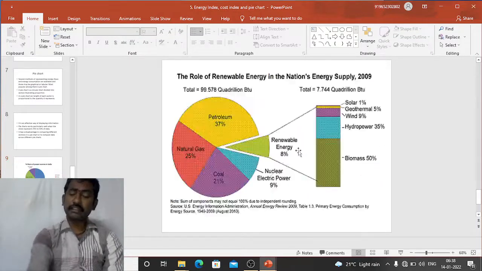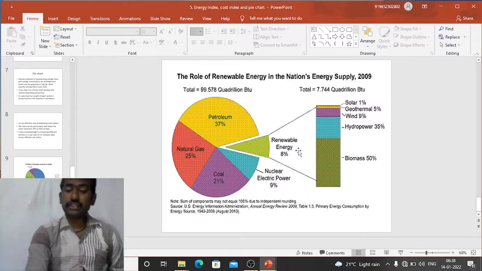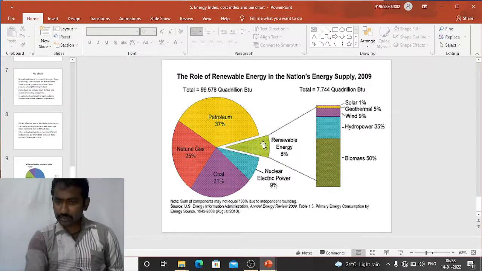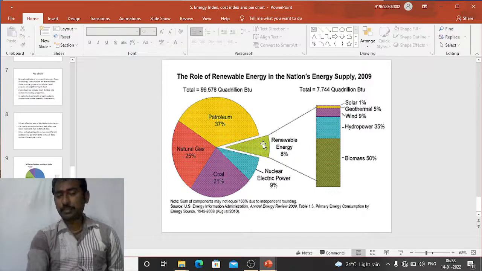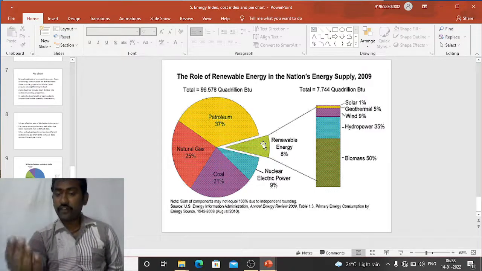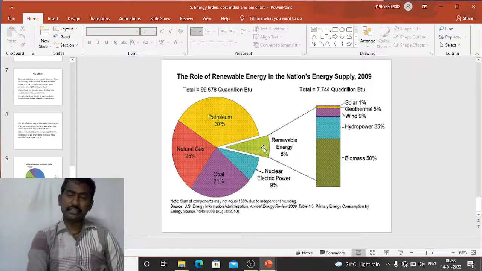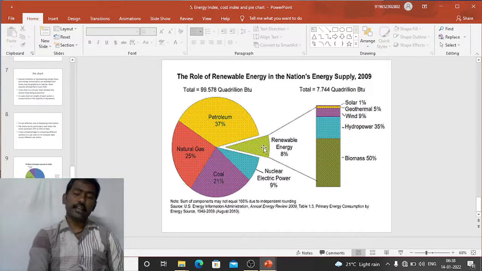But what is the disadvantage? If a particular slice of the pie chart consists of further classifications, for example renewable energy is 8%. In this renewable energy we have again solar energy, geothermal energy, wind energy, hydropower energy, and biomass energy.